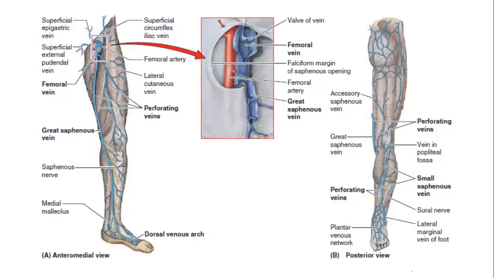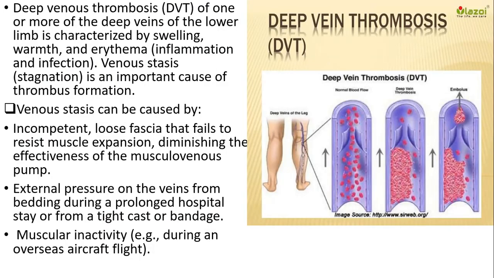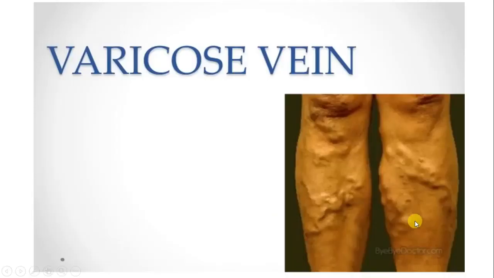So when this valvular mechanism has been damaged, what results is dilatation of the superficial veins, which is called varicose veins. This is a very common problem in society, especially in ladies, bus drivers, and hairdressers, who have to stand for a long time, and the blood is pulled down.